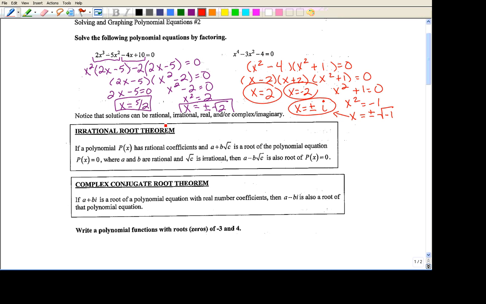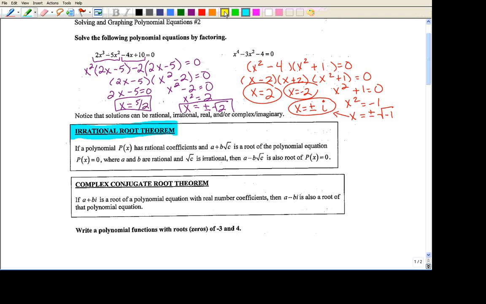Let's look at a couple of theorems. First, we have the irrational root theorem. And just to let you know, whenever we read through these, it'll probably seem a little bit confusing, but as we use them and practice them, it will make a lot more sense.